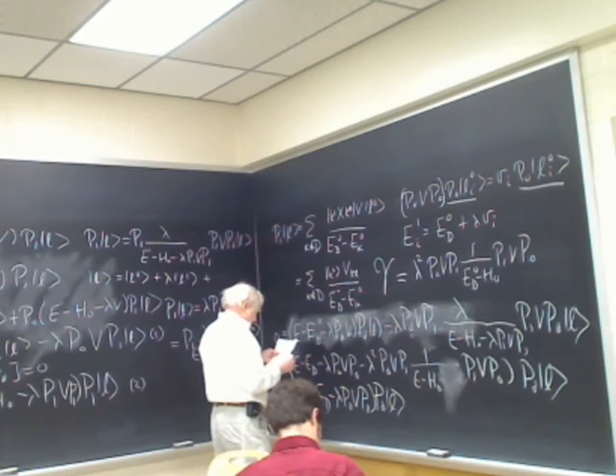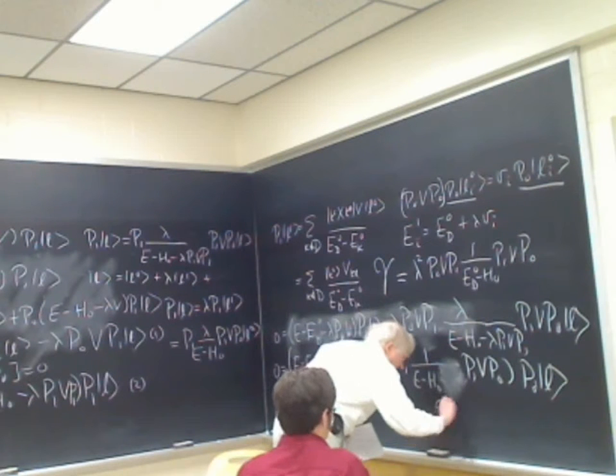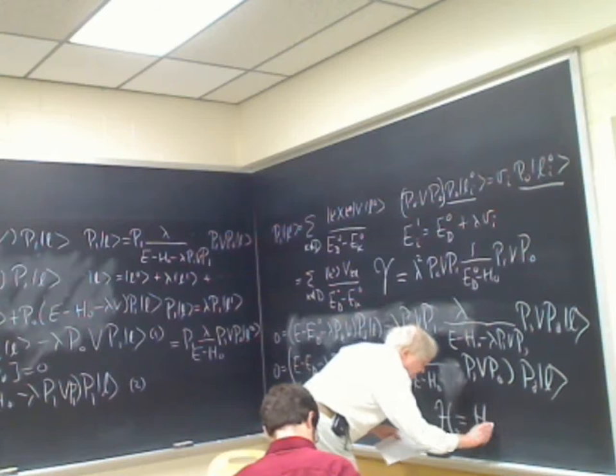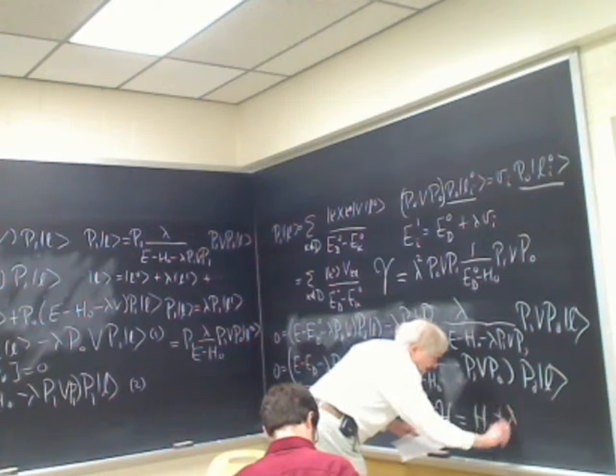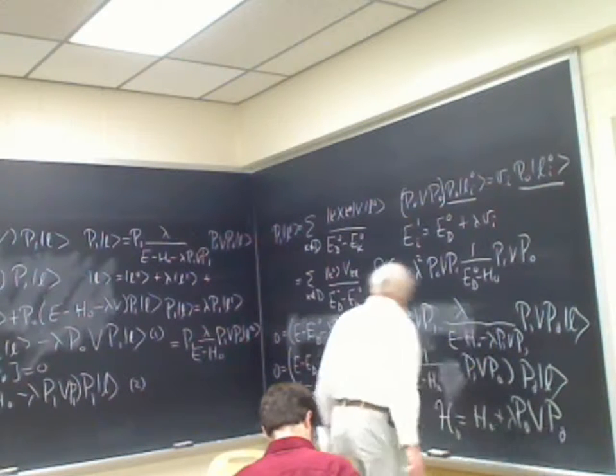In other words, script H0. Script H0 is going to be the ordinary H0 plus lambda P0 V P0.